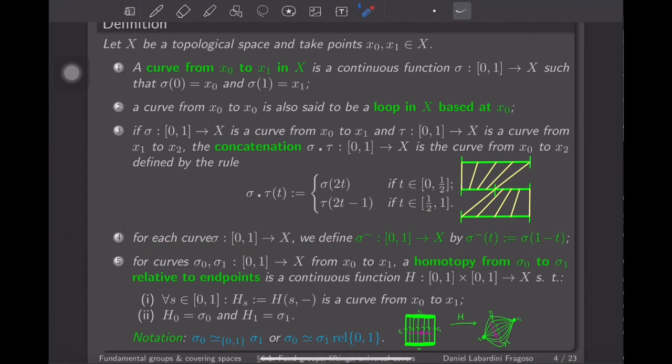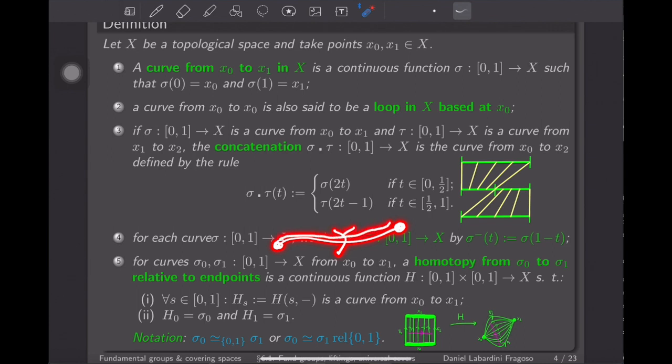So if you give me a curve in X, we define sigma inverse, again from the unit interval to X, by traversing sigma but in the opposite direction. So if sigma does something like this, then sigma inverse really goes in the opposite direction.